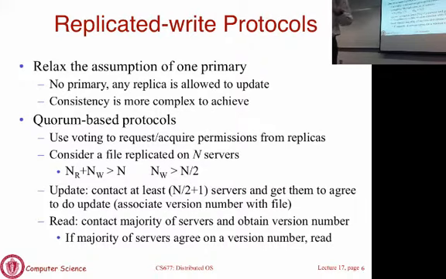When a write comes in, you have to decide how many replicas to send it to. When a read comes in, you have to figure out who has the most recent version. And all of this is achieved through this notion of voting. And this entire class of protocols, this is not one, I'm going to present the simplest version of this protocol.